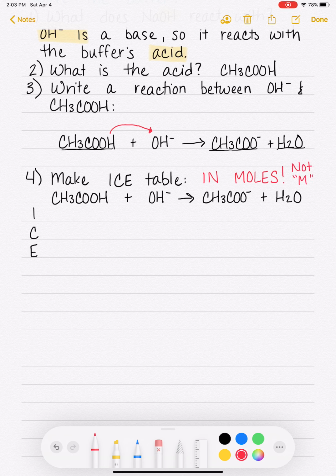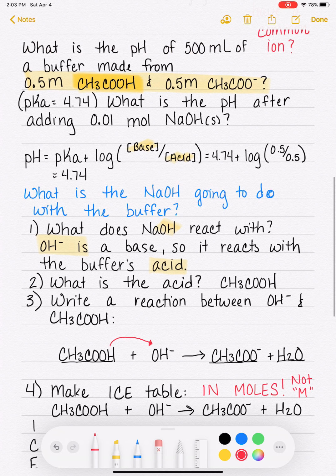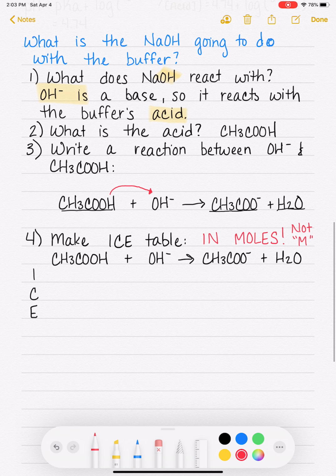So the initial values that we come up with, if we go all the way back to the problem, we can't use 0.5 molar and 0.5 molar as our initial concentrations in the ice table, because the ice table needs to be done in moles, not in molarity.